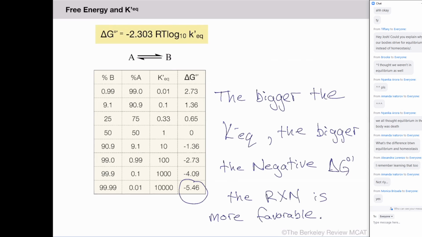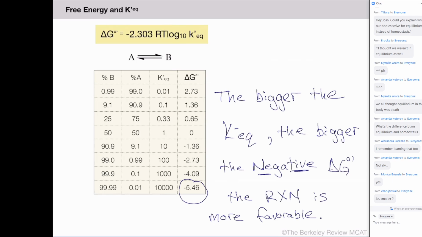Okay. Does everyone follow that? So as our KEQ gets bigger, you're going to get a bigger negative delta G naught prime. So the reaction is going to be more favorable.